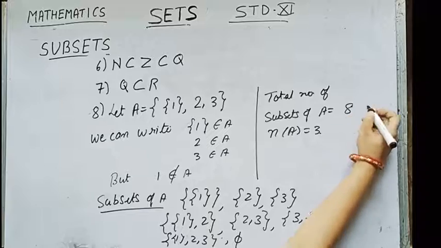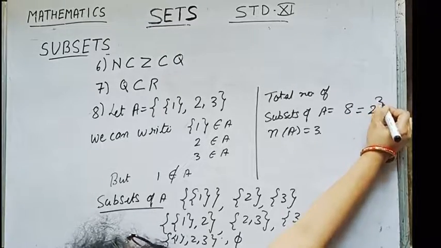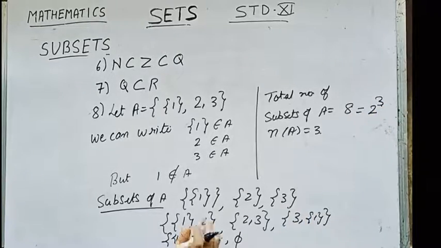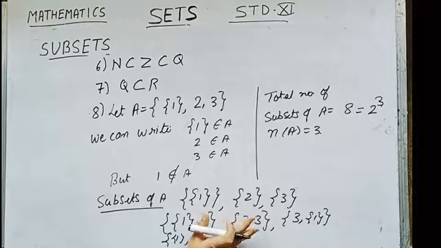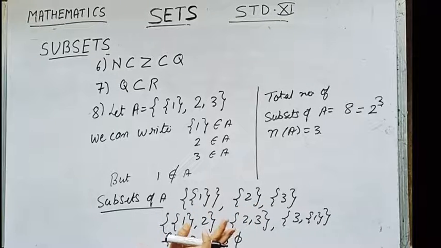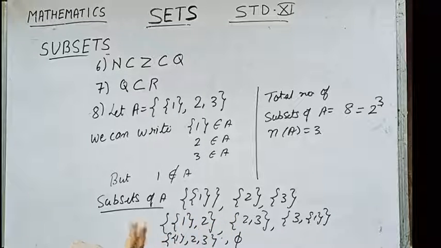Now this 8 I can write as 2 power 3. So here we reach a formula: the number of subsets of a given set is 2 to the power n, and the number of the proper subsets of a given set A is 2 to the power n minus 1. If I remove the set A itself, the number of the subsets will be the proper subsets.